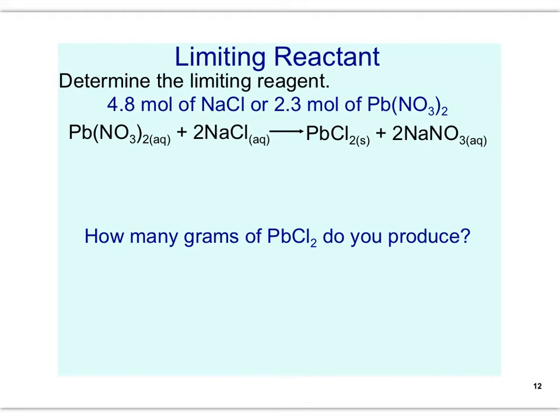If you have 4.8 moles of sodium chloride or 2.3 moles of lead(II) nitrate. So what I'm going to do, again, I just usually pick whichever one is first. I'm going to take my 4.8 moles of NaCl, and I am just going to convert that to my other reactant, the lead(II) nitrate.